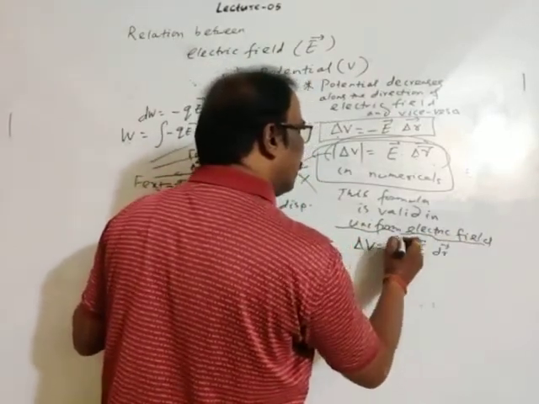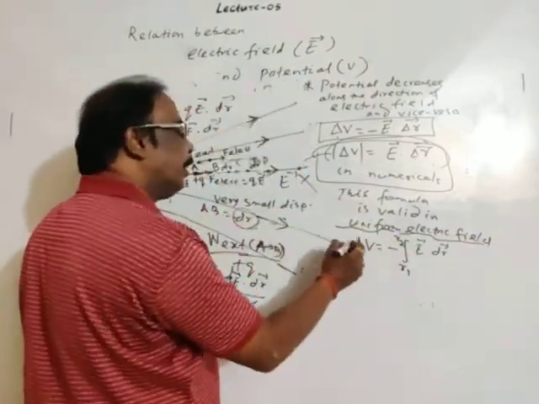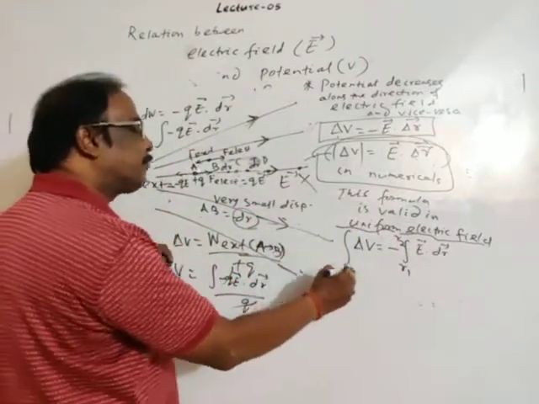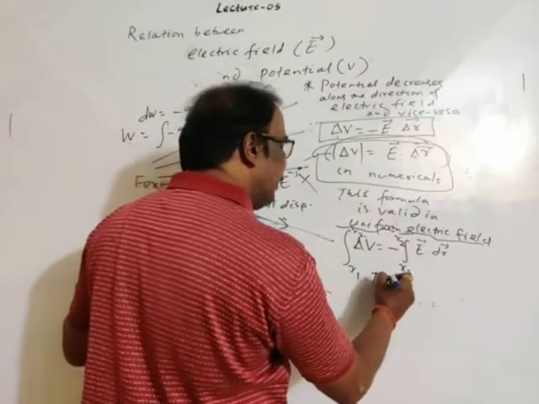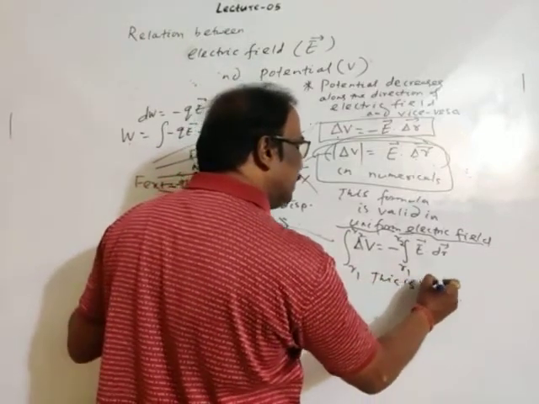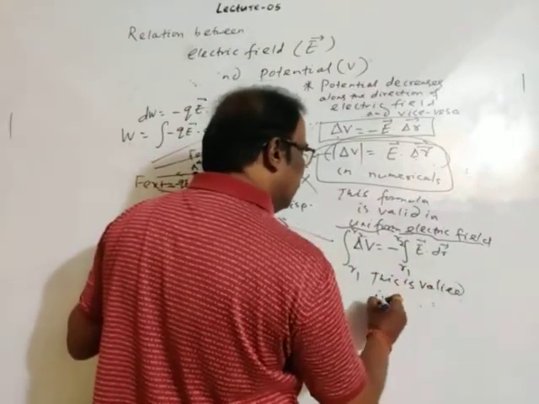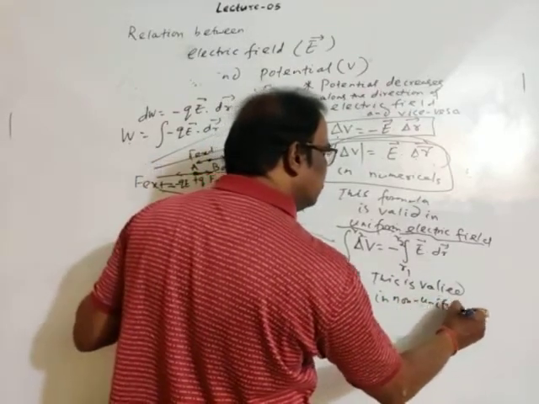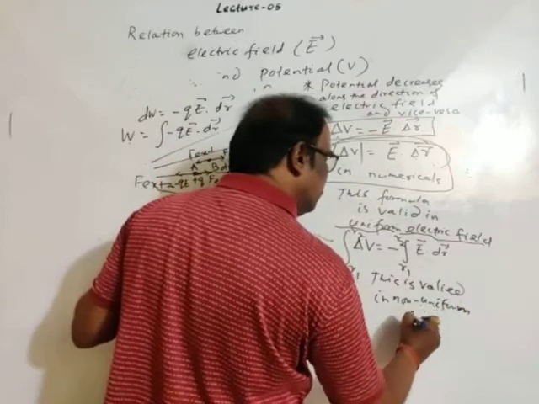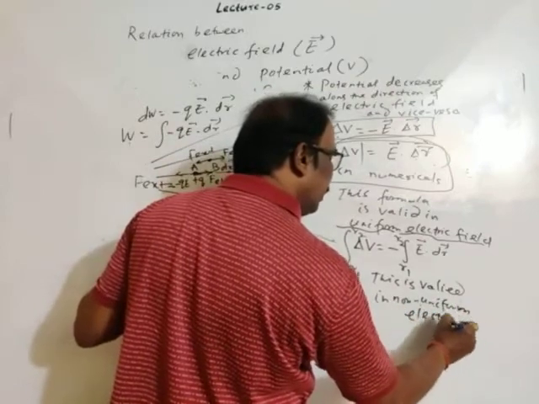From R1 to R2, taking limits, the potential varies from position R1 to position R2. This is valid in non-uniform electric field.